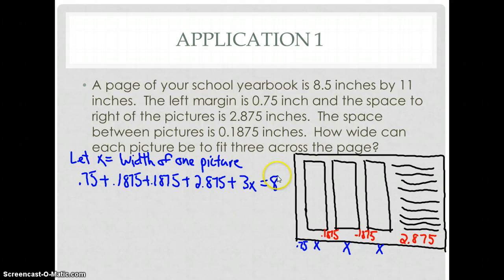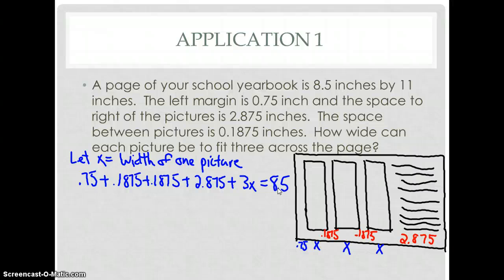I was thinking of the book being landscape, but we know books are typically portrait, so it is 8.5 inches wide, the total, so all of that has to equal 8.5.